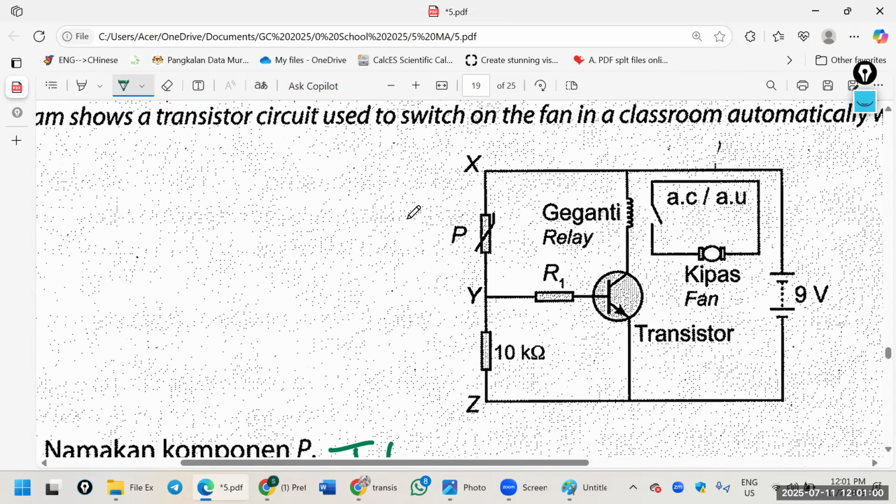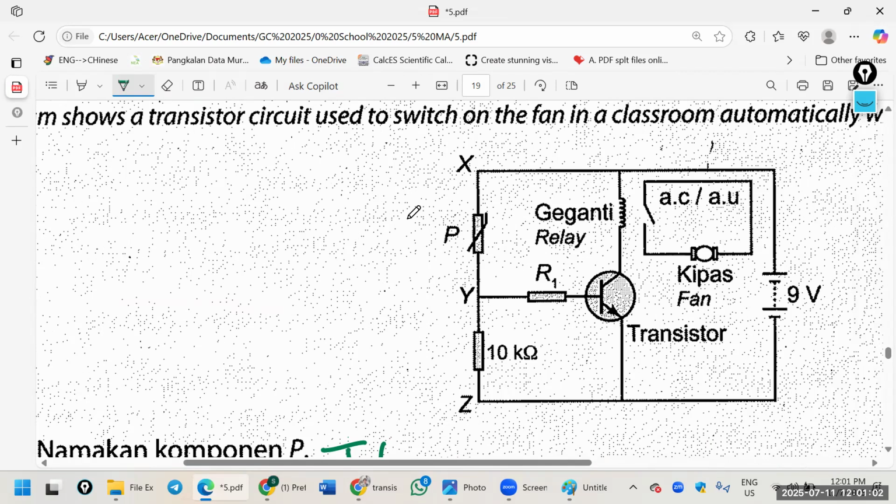What should you do? Please write 6K ohm in where? Yeah, RP equals 6K ohm. We know what this is: R1 up, R1 down, R2.